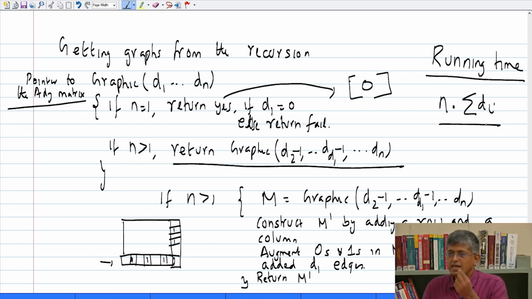How many times will one value reduce? If it is starting at d1, eventually it will come to 0. Therefore, the total time taken, accounted in this particular way, is right. So this is an upper bound.